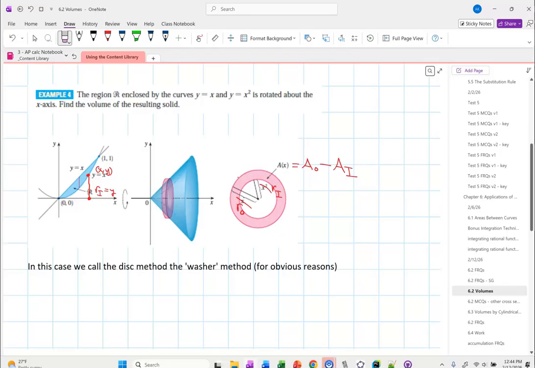Now, I need this radius in terms of x. If I look at the curve we're on, the curve y equals x squared, so my inner radius is x squared.